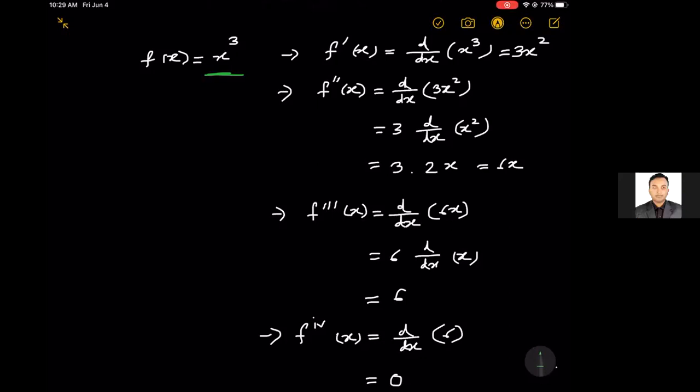If I just say find f prime of x, or rephrase it as please find the first derivative, then obviously stop there. You would say keywords like first or find the third? Yes, definitely. Okay, awesome.